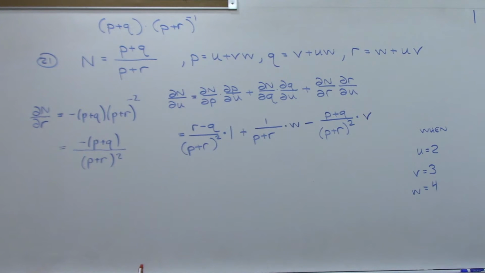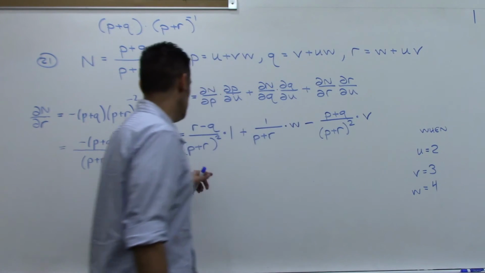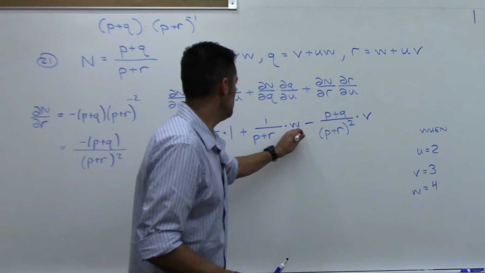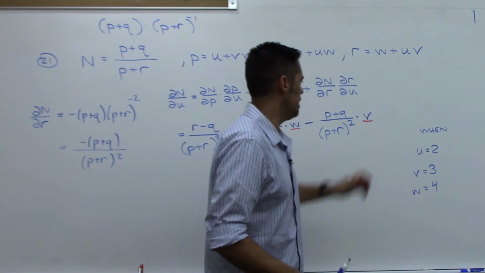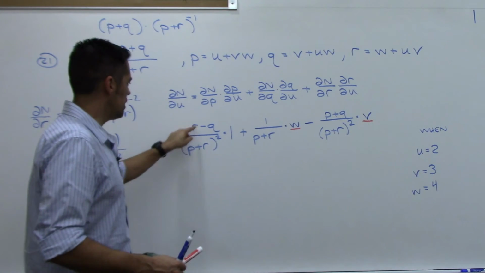Now, I need to plug in U is 2, V is 3, W is 4. So let's see what happens here. In order for me to figure out the values here, I can replace this W with 4. I can replace this V with 3. But I don't see any U's in here. So how are we going to get P, Q, and R?